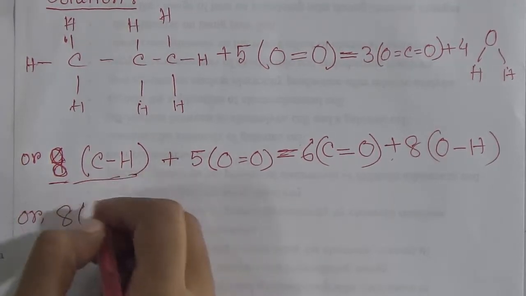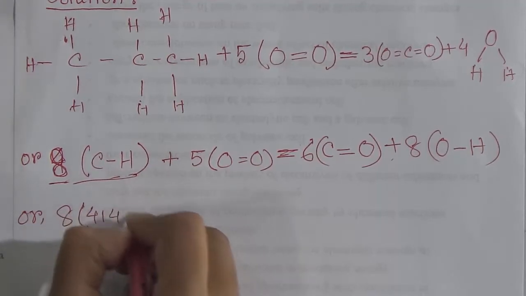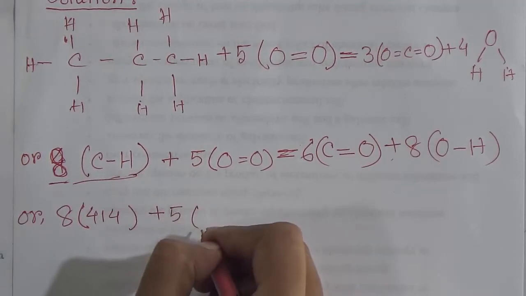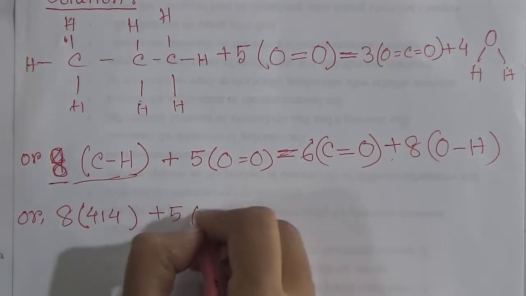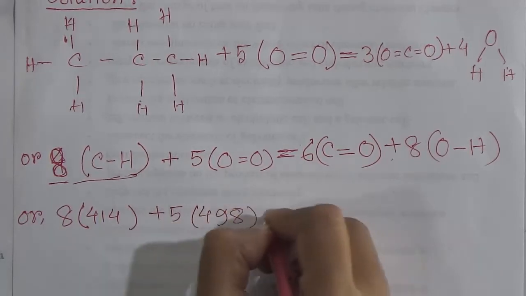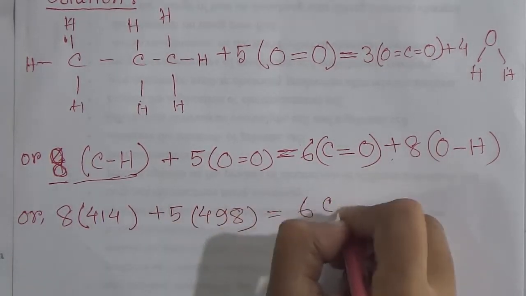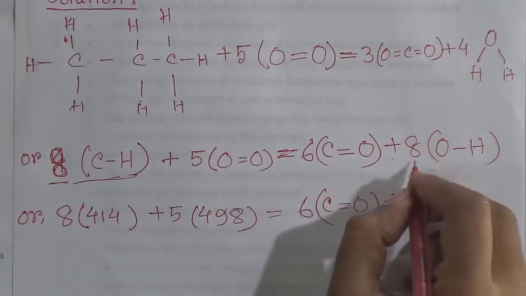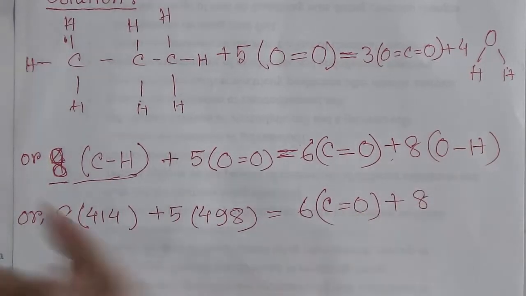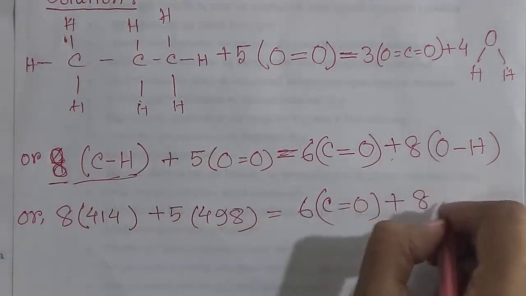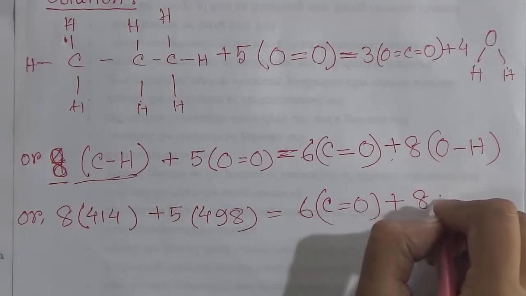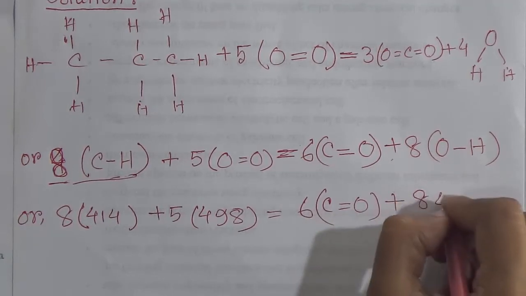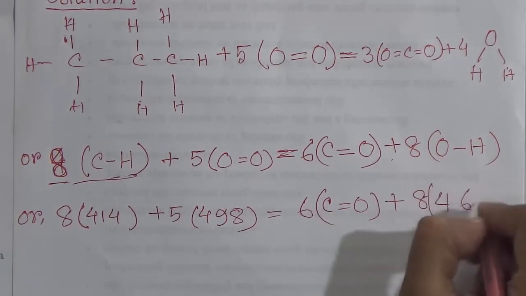C-H bond's value is 414, plus the oxygen double bond's value is 498, equal to 6 carbon-oxygen bonds plus 8 oxygen-hydrogen bonds, and the oxygen-hydrogen bond is 464.